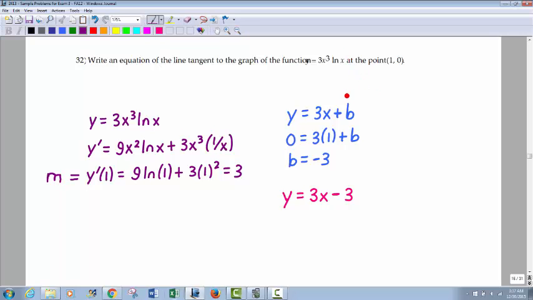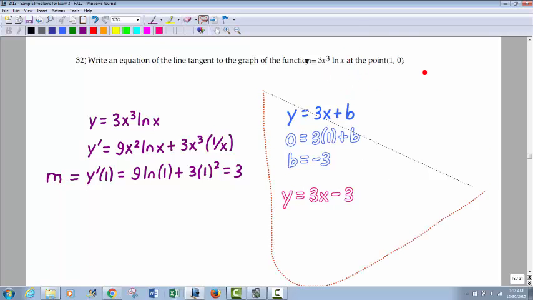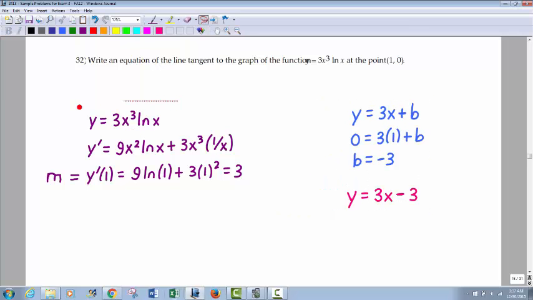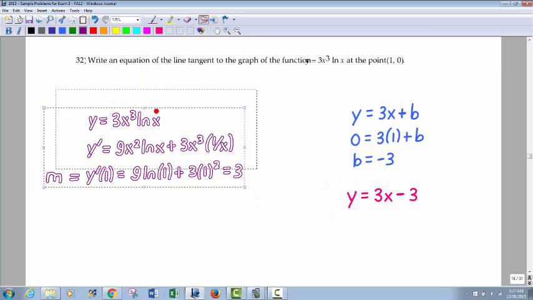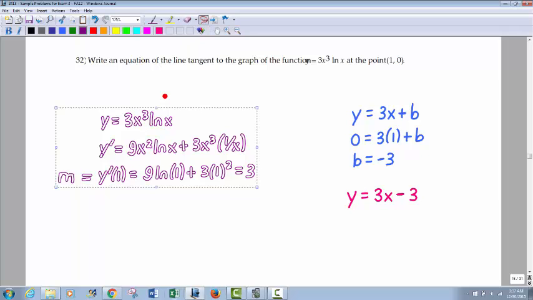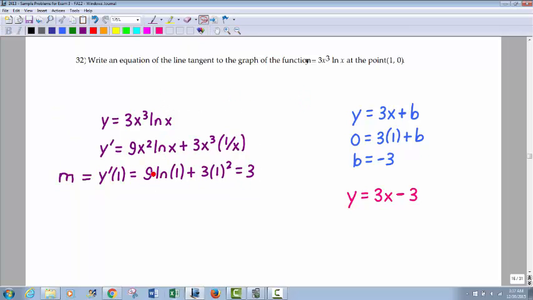All right, that's the best I'm going to be able to do here. So that m means that's your slope. Just plug 1 in there, and you'll end up getting 3. All right, so that's your slope.